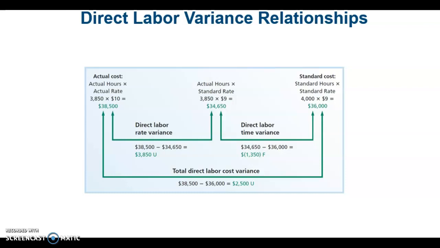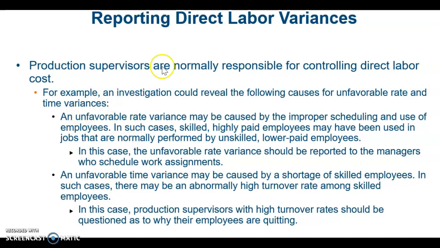It could also show that maybe we're using a higher priced person, a more skilled person for jobs that can use a more lower skilled person. So there's all sorts of information that we can get from these variances and then make changes as needed. So I just mentioned some of this so you can kind of look over this slide.